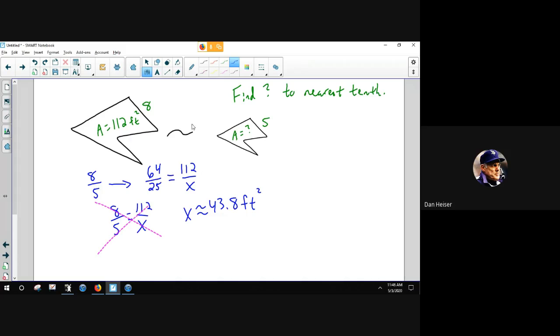As long as we have a similar figure, we can solve this proportion and find this smaller area. This is not a polygon that we really have an area formula for, and we don't have really any other information to split it into triangles or other figures and find its area that way. This is really our only option. Knowing a similar figure, we can then work backwards to find this area.